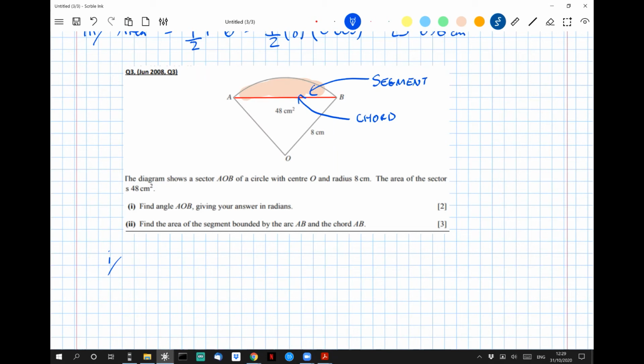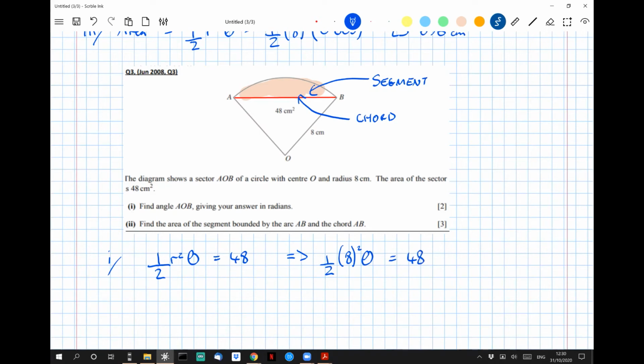So it's told us that the area, which has formula a half r squared theta, is 48. And we know r, so a half r squared theta equals 48.